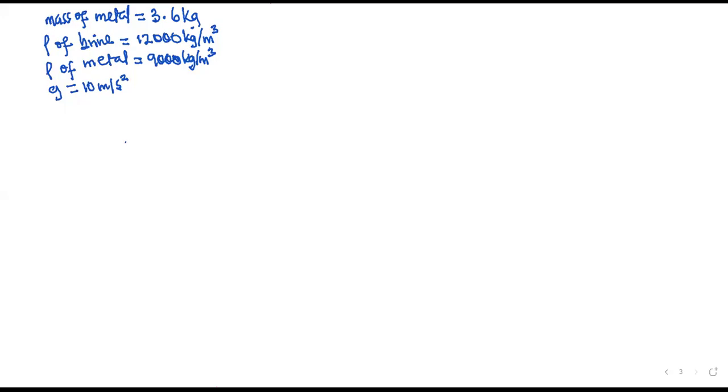Whoever managed to solve this? 750 kilogram per meter cubed. Sir, 582 kilogram per meter cubed. Sorry, something is wrong.